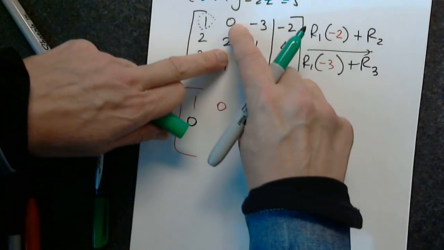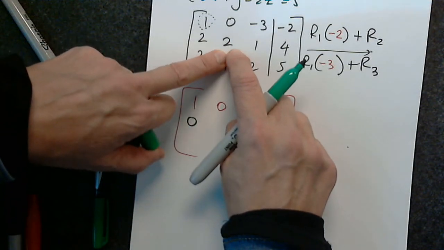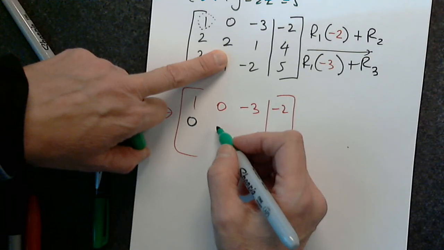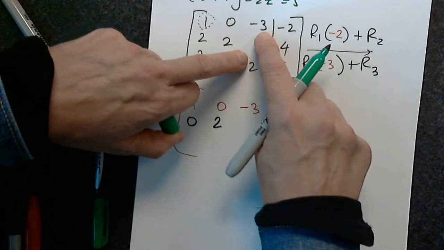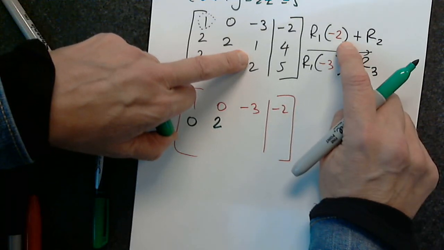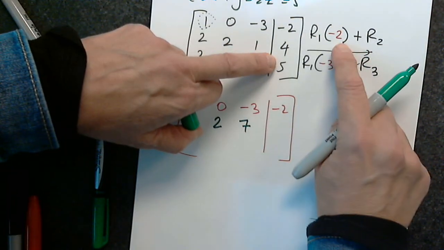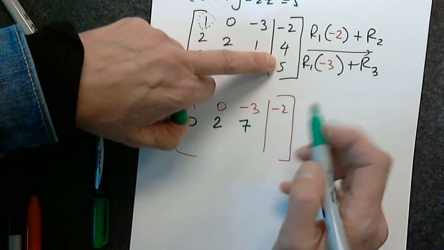Very good. 0 times -2 plus 2. How much? 2. Very good. -3 times -2, positive 6, plus 1, 7. -2 times -2 plus 4. Very good.